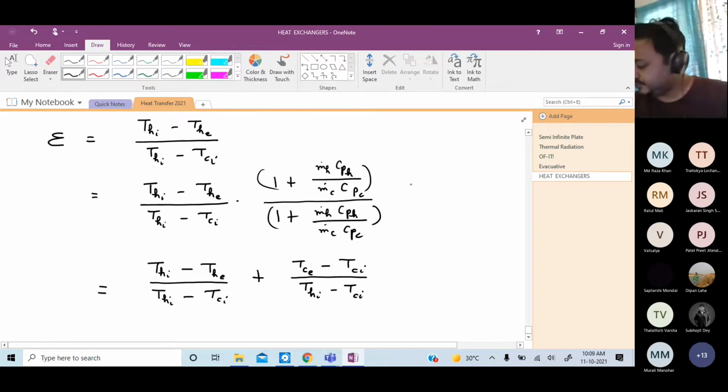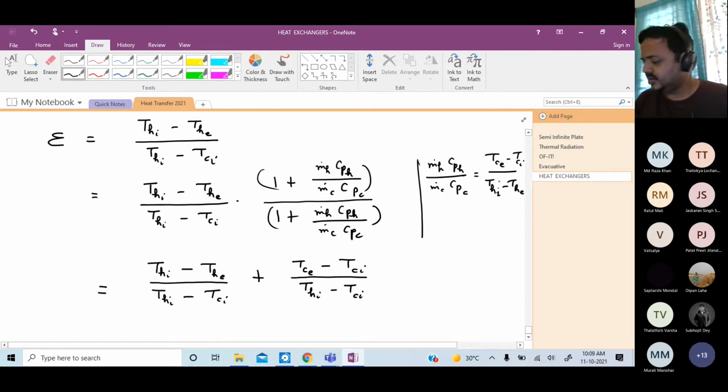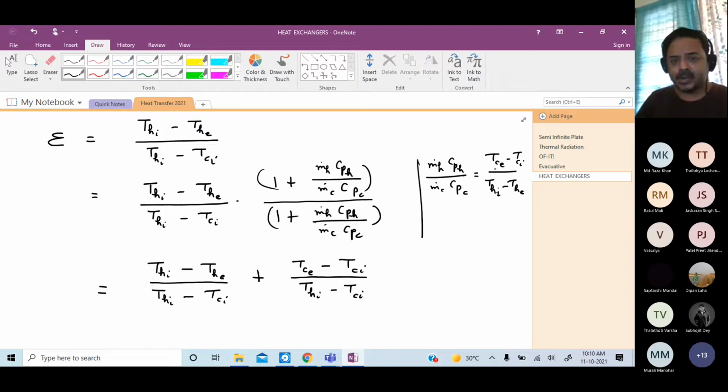Because remember, m dot h Cph divided by m dot c Cpc is actually Tce minus Tci divided by Thi minus The. Agree? Because m dot Cp delta T of both the fluids are equal. Okay, so that is how I could write it.